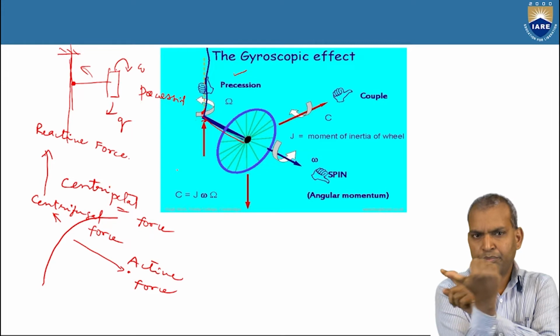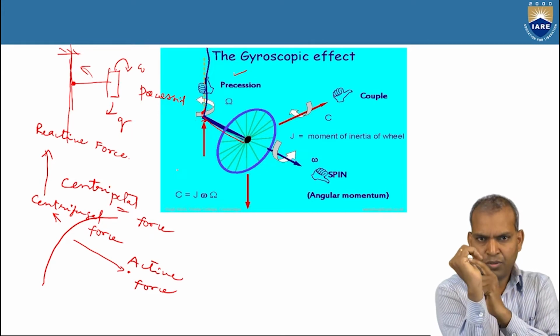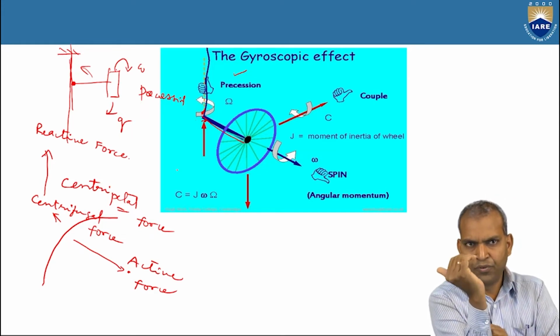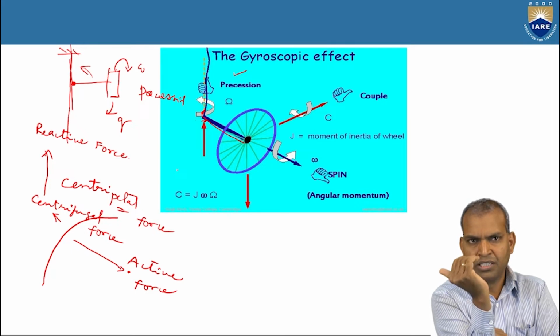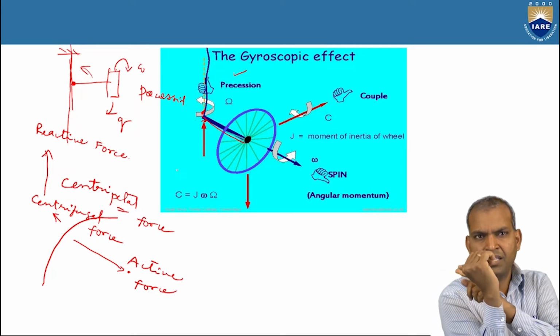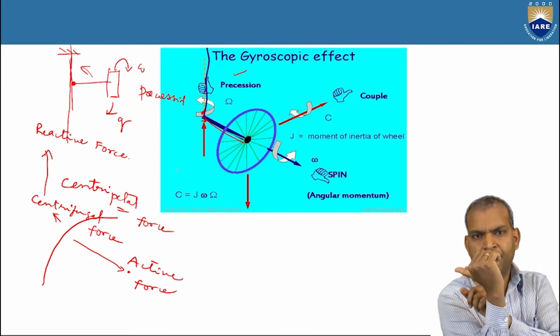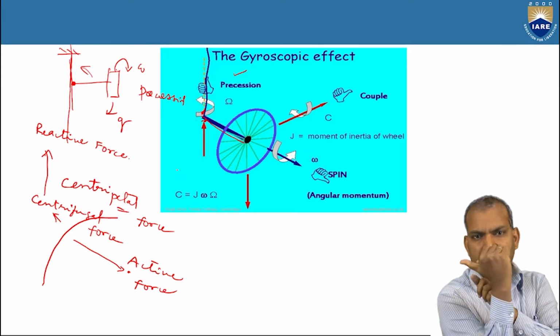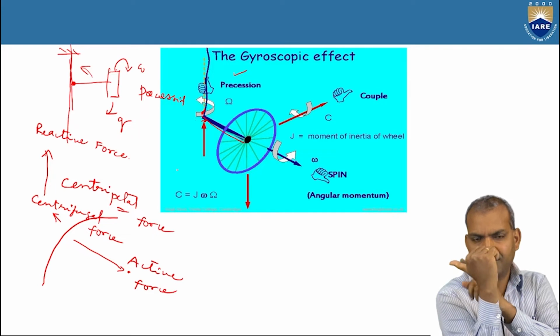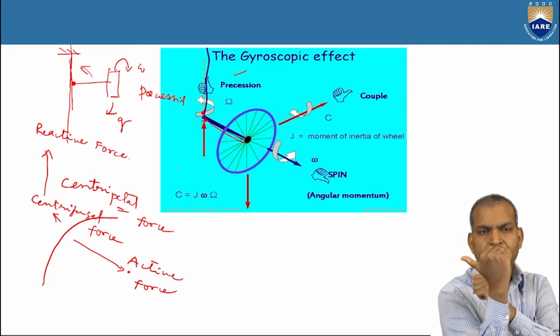Then the thumb indicates the direction of the angular momentum vector.